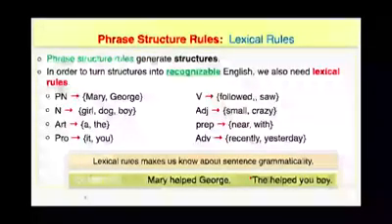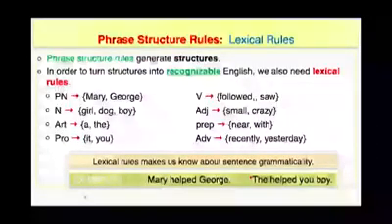Now, for example, we have personal nouns like Mary and George. So we know that Mary and George are personal nouns. And also when we come to the lexis, girl, dog, boy, we notice that these are nouns.